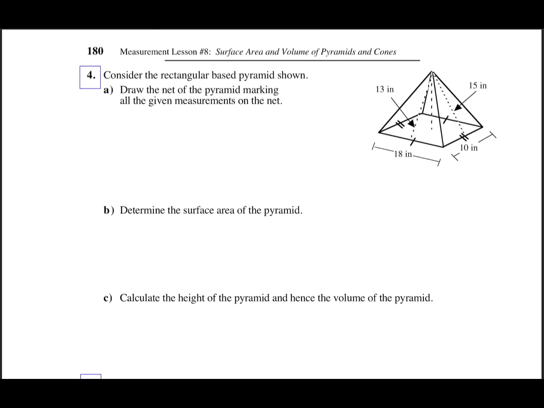So number 4, first we need to draw the net of this pyramid.